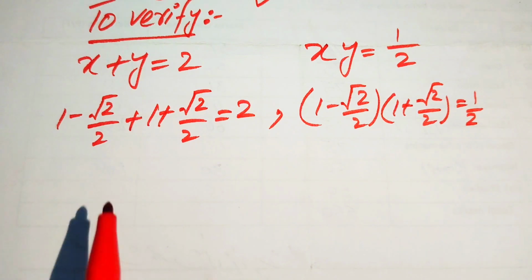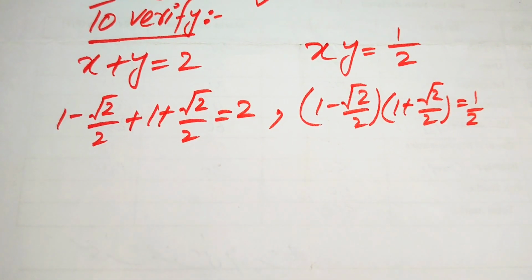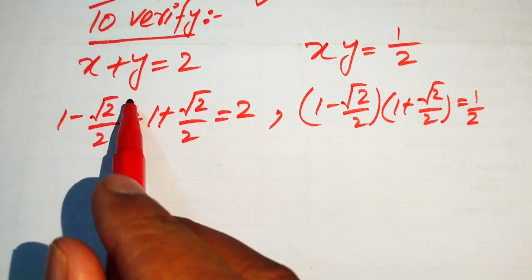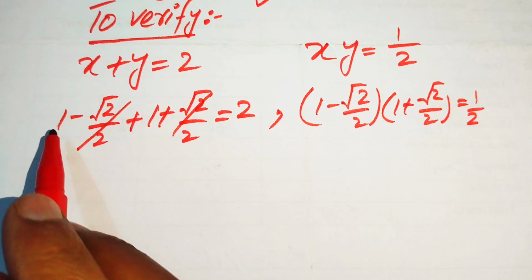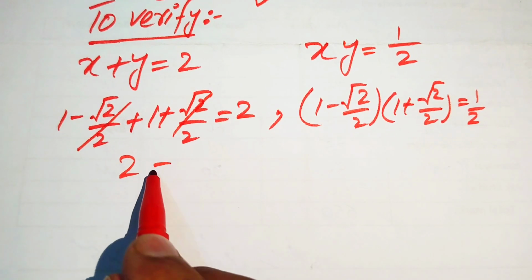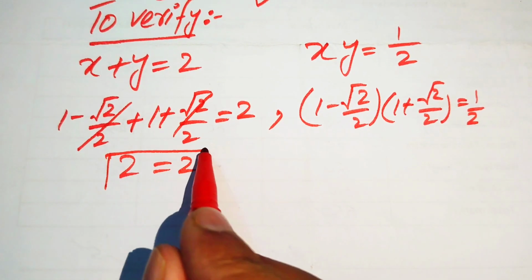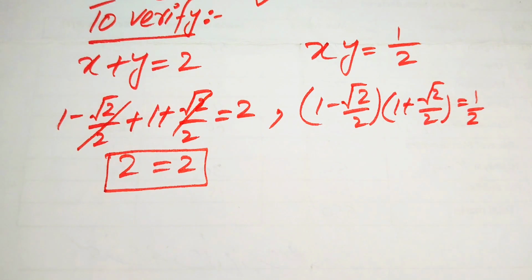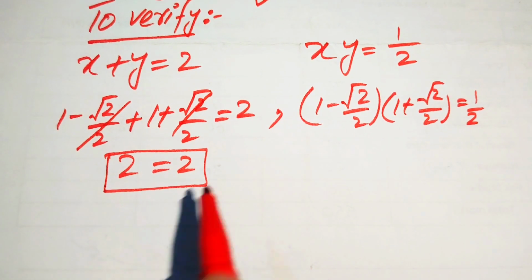Now we first simplify the first equation, and you see here the negative and positive terms are gone, and we get 1 plus 1 is 2 equals 2. So this shows that our first solution satisfies the first equation.